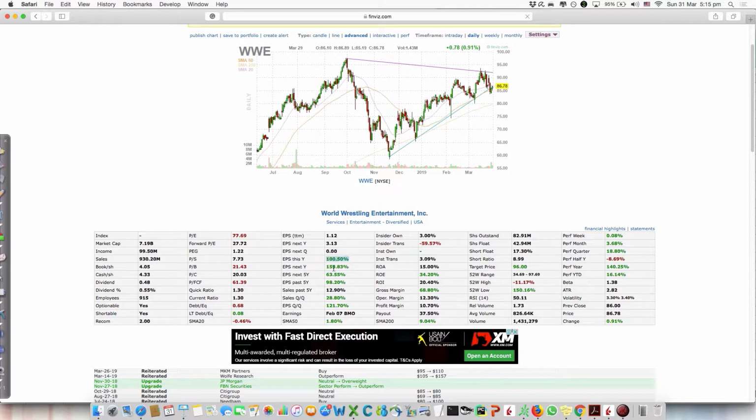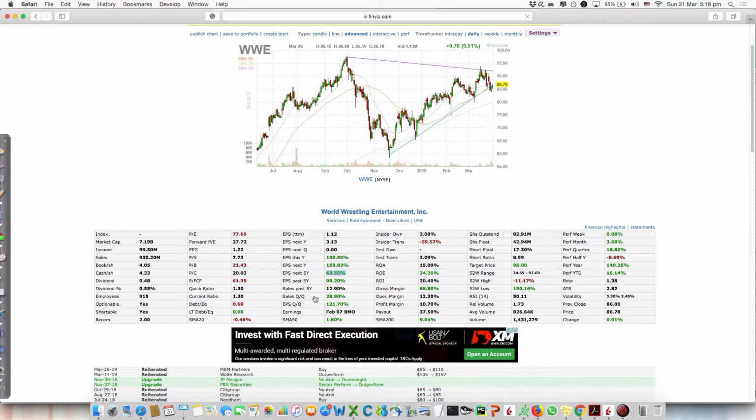Next year also very good. Next 5 years also good. So the projection is also good. And also in terms of sales, quarter by quarter is good, and the earnings per share quarter by quarter is good. Return on equity, ROE, is very good, way above 10-15%. So in terms of fundamentals, I think it is pretty solid, pretty good. The only thing I may be concerned about is this insider transaction that is minus 60%.